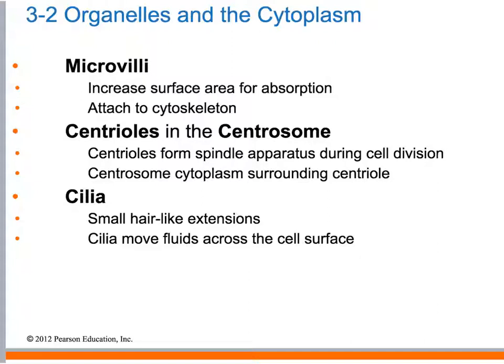They increase the surface area for absorption of different substances, and they attach to the cytoskeleton. The centrioles and the centrosome, they're very important in that they form the spindle apparatus during cell division, know that for the test, and the centrosome cytoplasm surrounding the centriole. The cilia are small hair-like extensions, and the cilia moves fluids across the cell surface.